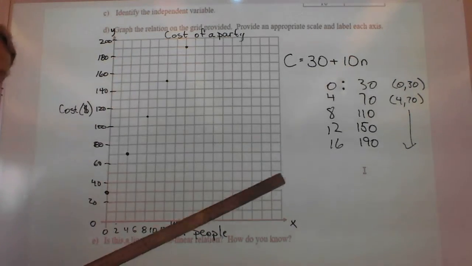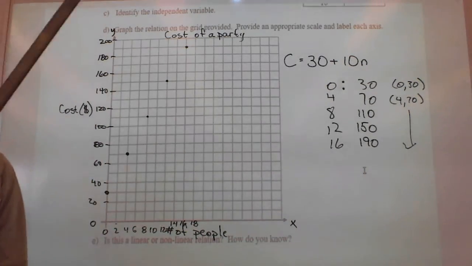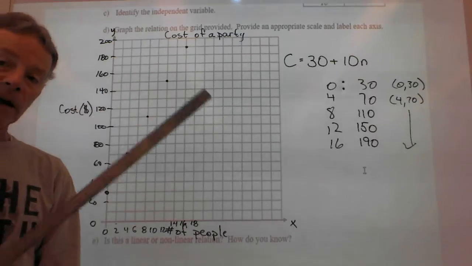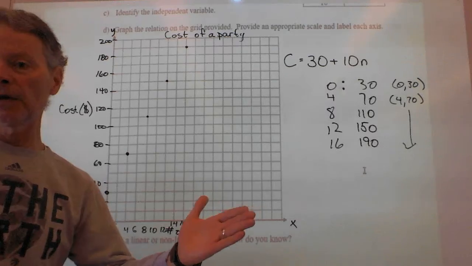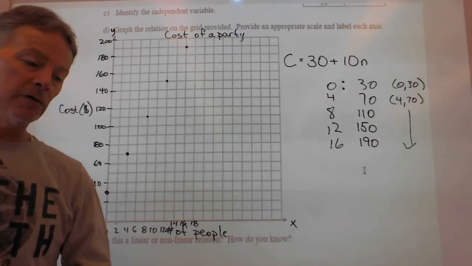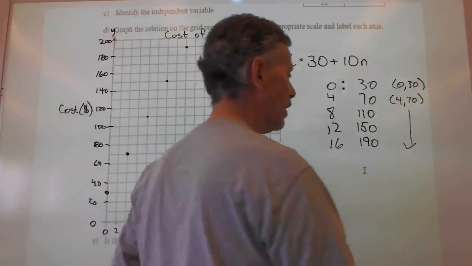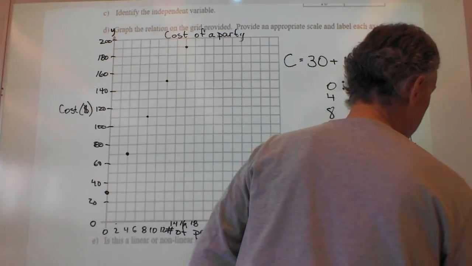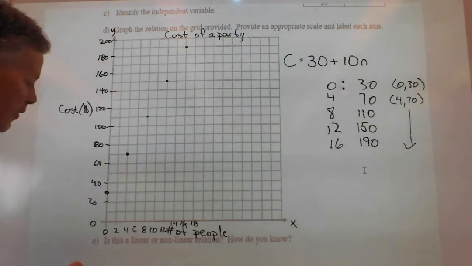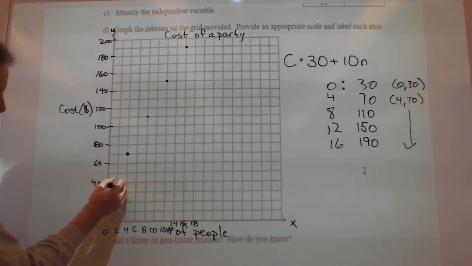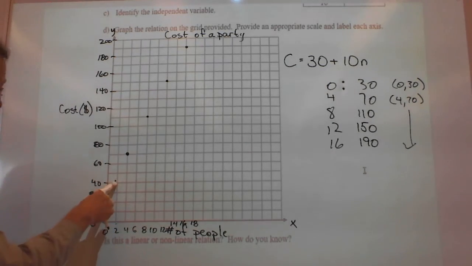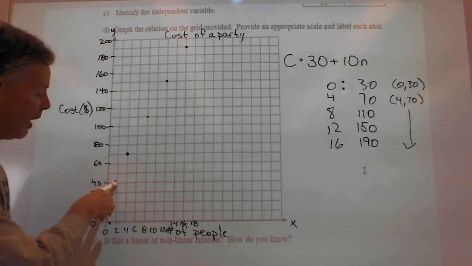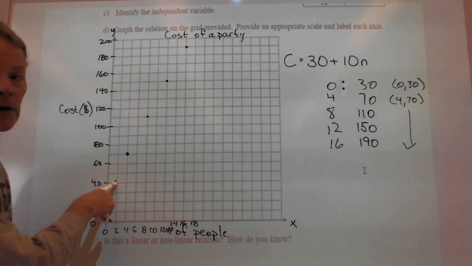Now is the point where you decide, do I have a continuous relation where there are in-betweens, or do I have a discrete relation where there are not in-betweens? And if you think about it, there's no possible way we could have a point, say, right here, because that would be the equivalent of about 1.5 people, and that would be like the birthday party massacre, okay?